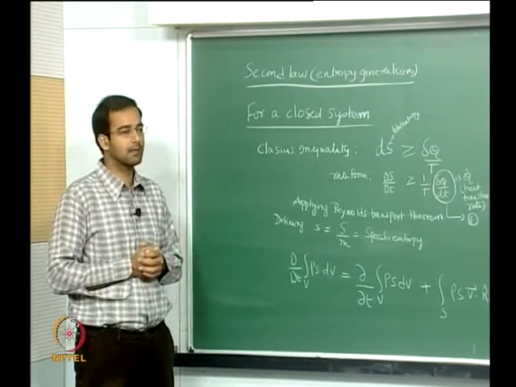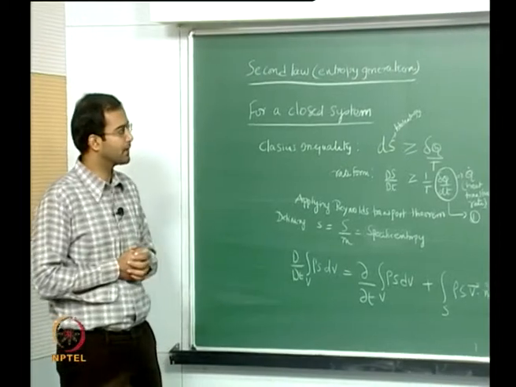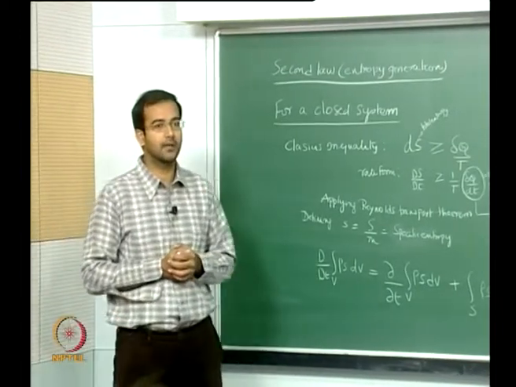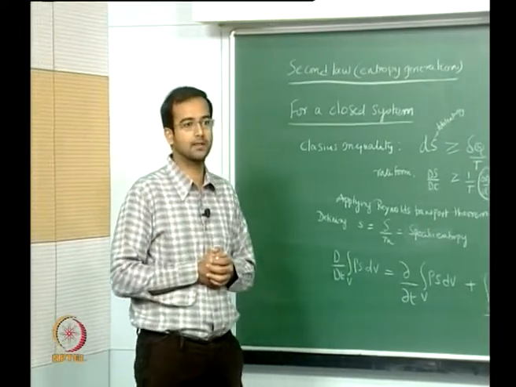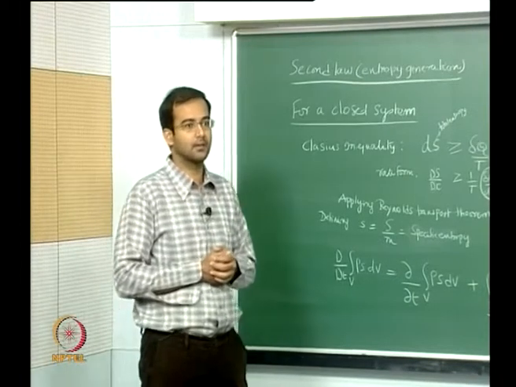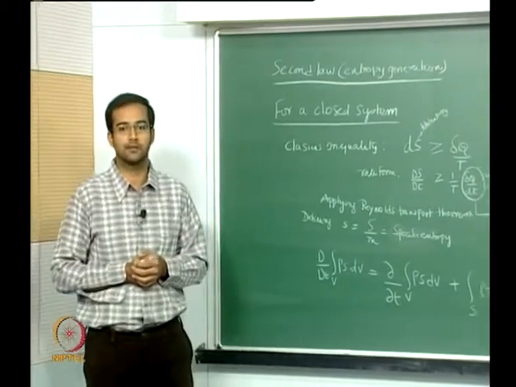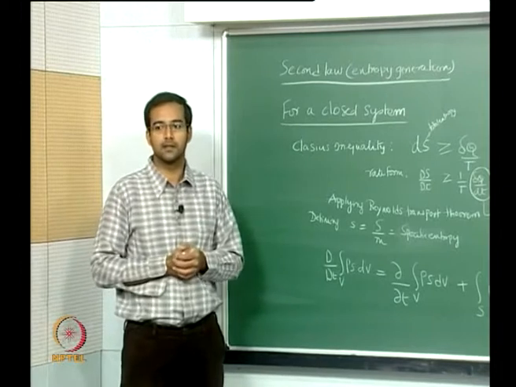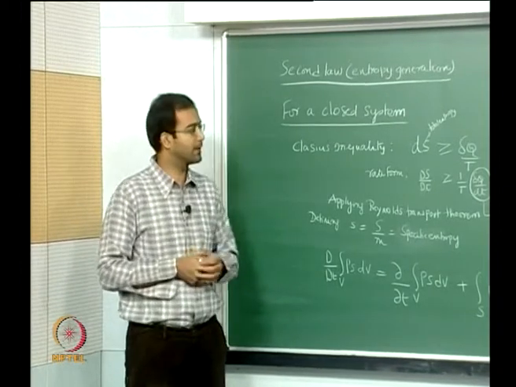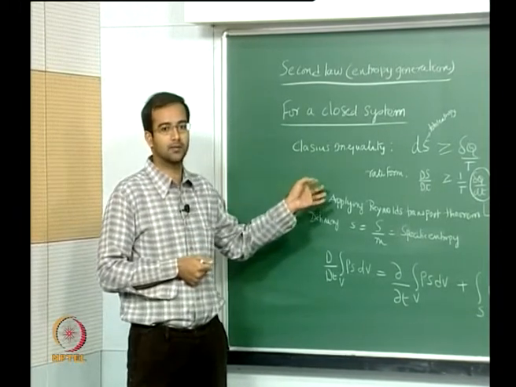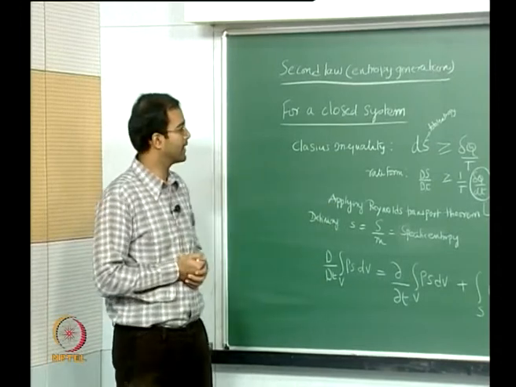That's where we are going to apply the second law, and derive what is called conservation of entropy. Just like you have conservation of mass, momentum and energy, there is also a possibility of deriving conservation of entropy, and that's what we are looking at here.